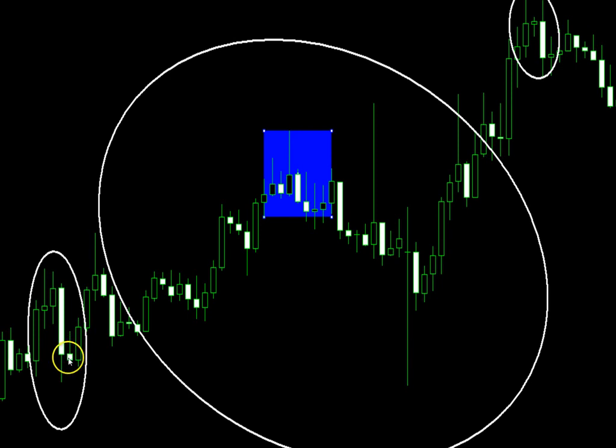Okay, this one right here. It lets you know this is the end of the downtrend and a reversal is about to happen. So you have your downtrend because of your bearish engulfing candle, followed by a morning star. So this is a reversal candle, followed by an uptrend. So you have your bearish engulfing and your morning star right here in this little circle.